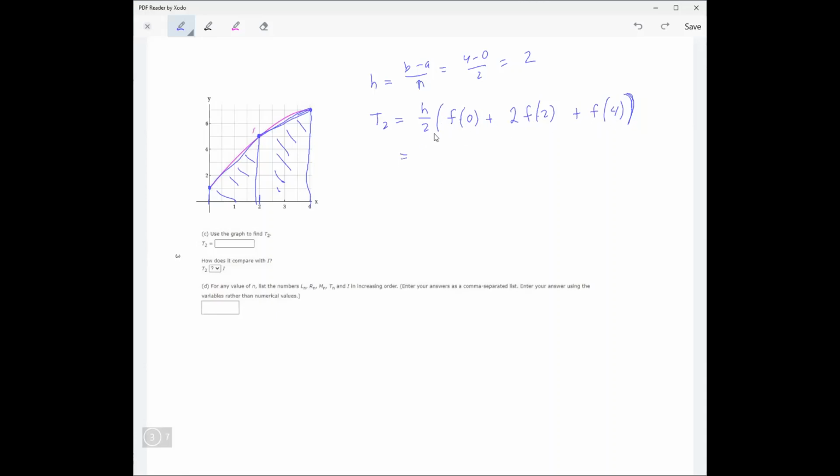And h is 2, so that's 2 over 2. f of 0 is 1. f of 2 is 5. And f of 4 is 7. So that's just 1 plus 10 plus 7, which is 18.